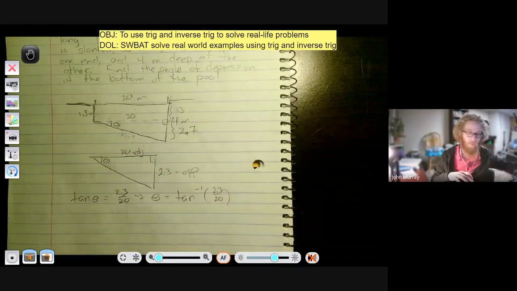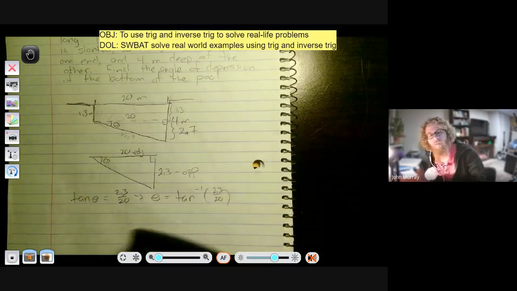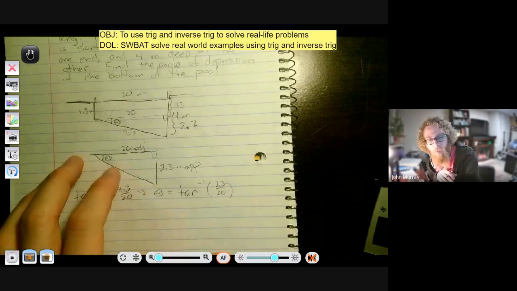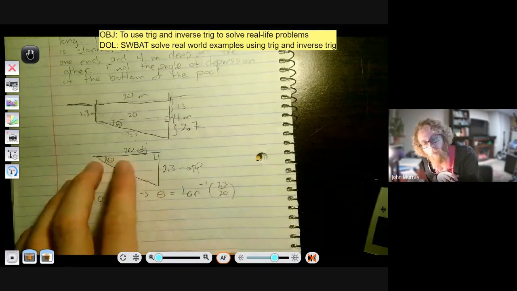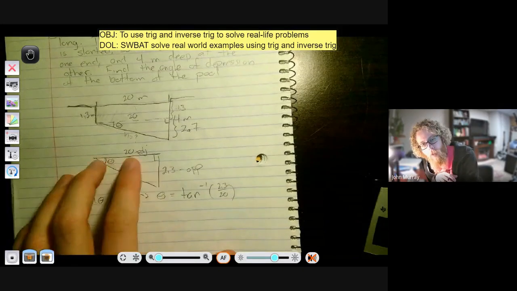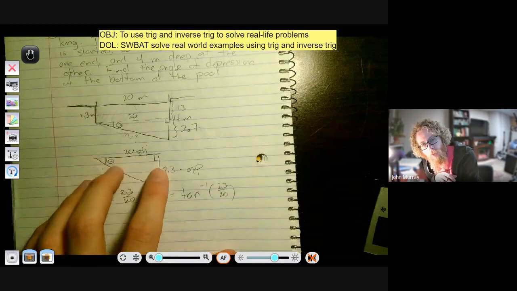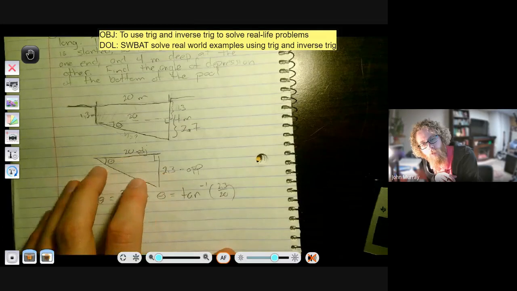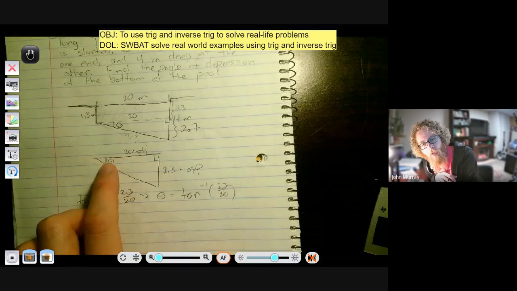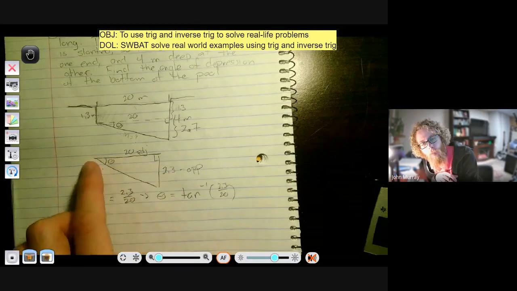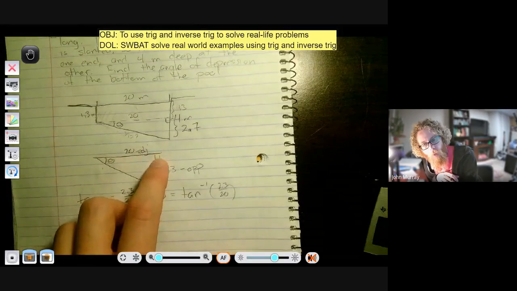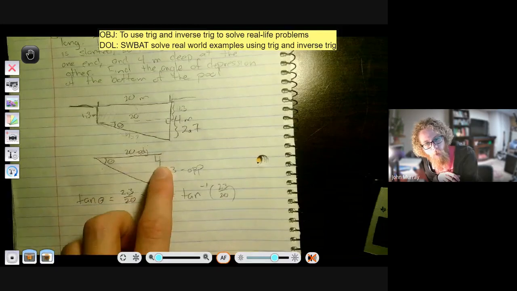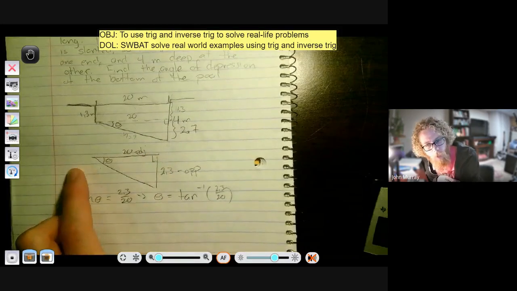Right? So one other thing you can kind of think of, especially when we're dealing with tangent, it's a little more straightforward, is, well, obviously this isn't drawn to scale, but this 20 is a lot larger than the 2.3, right? So that means our angle should be pretty small, because we're not really increasing the vertical that much compared to the horizontal.